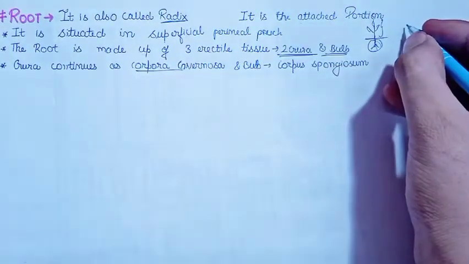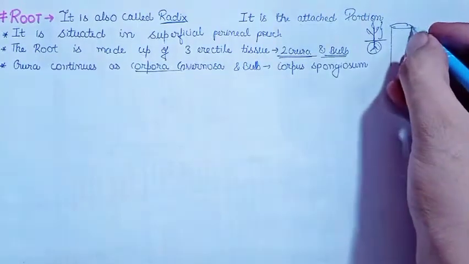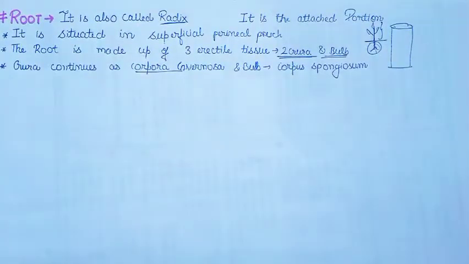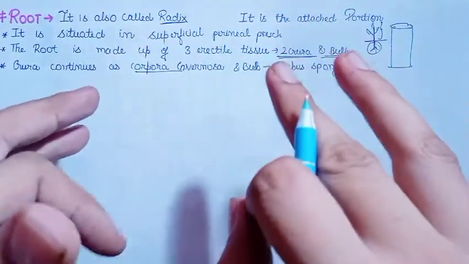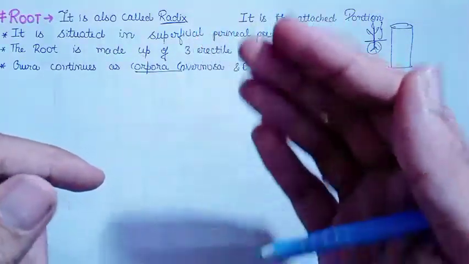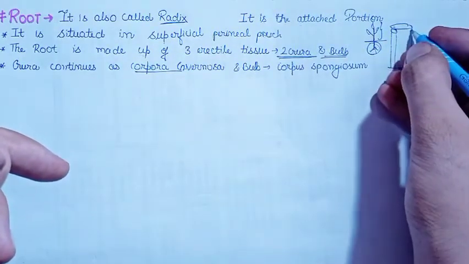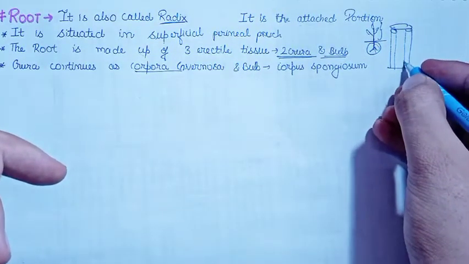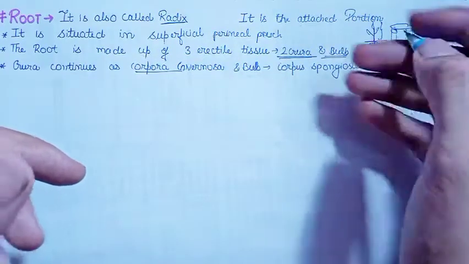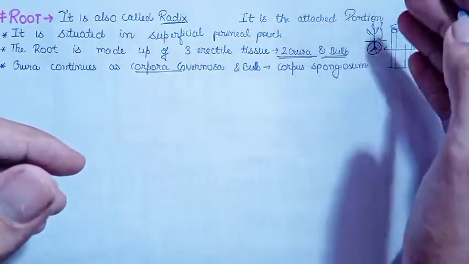Just imagine this is a cylinder and it has three more rods on it. Two rods are of the same size and one rod is slightly larger. Two rods are placed on the sides. These are the two crura, and we have divided the whole cylinder into two parts, the upper part and the lower part.